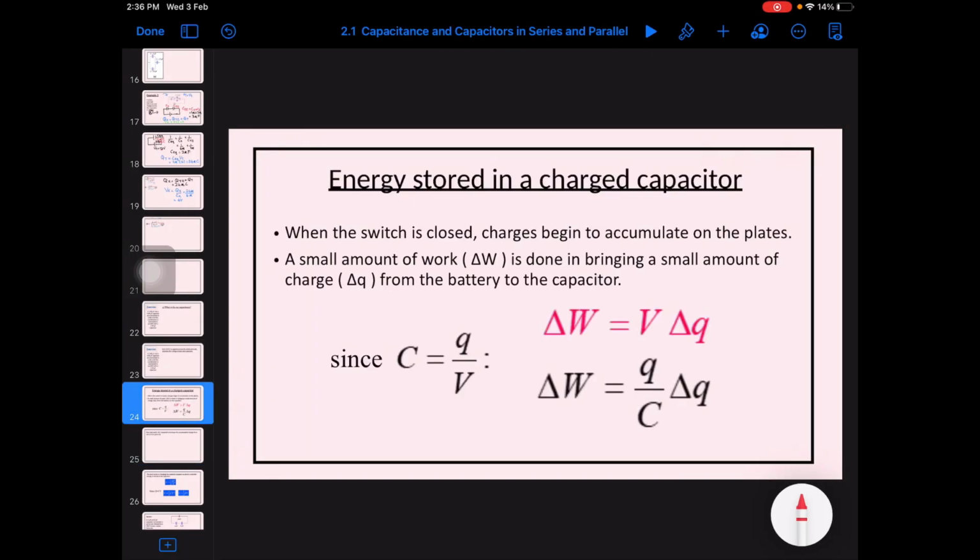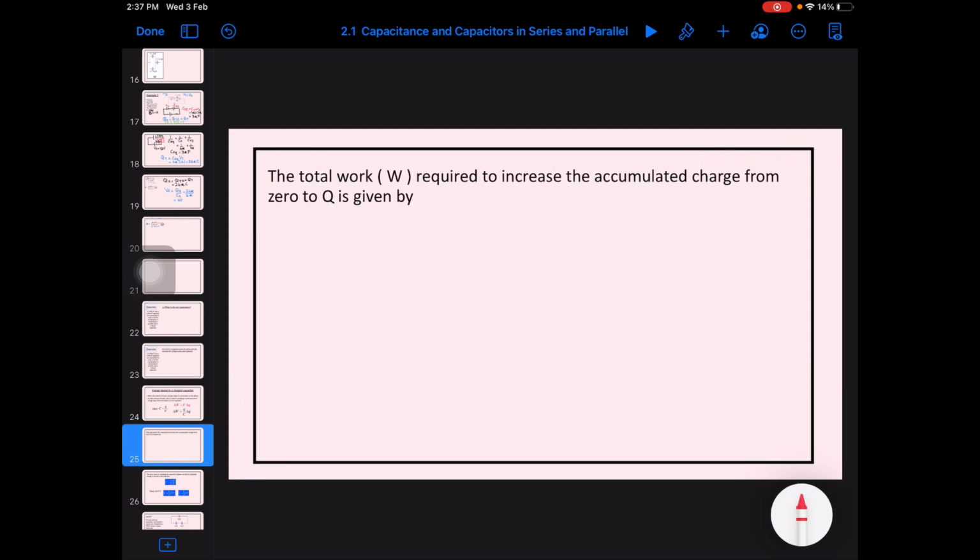So by rearrange the equation, substitute V with Q over C. Okay, dia dah lari tadi. So kita tengok yang ni. So delta W is equals to delta Q times V. So we substitute this V with Q over C, Q over C times to delta Q. So we can find the total work done required to increase the accumulated charge from 0 to Q is given by, so how to find the work done?